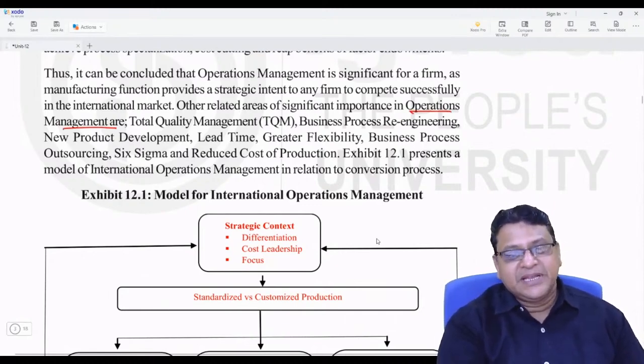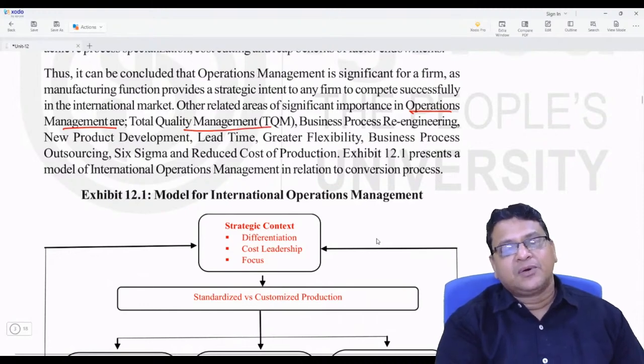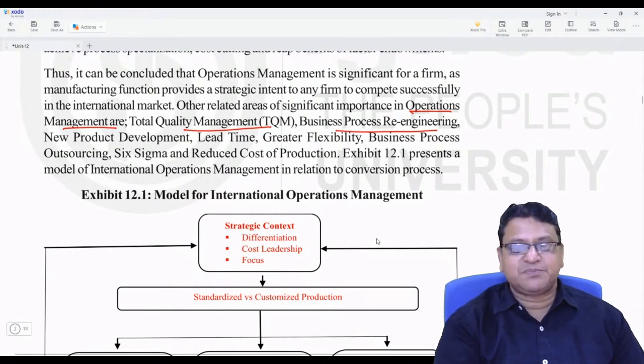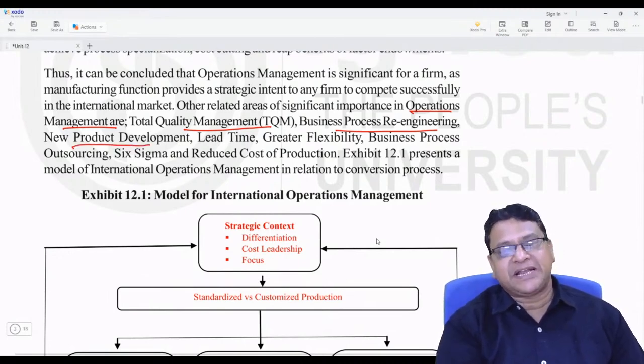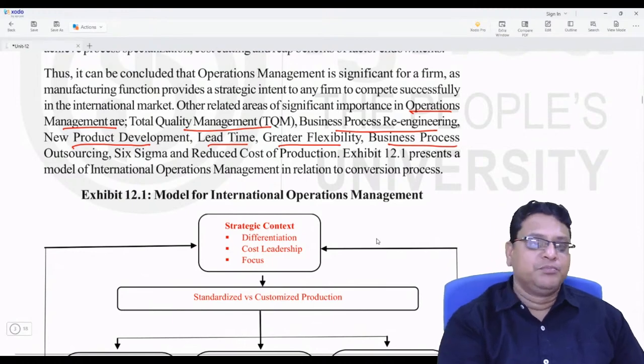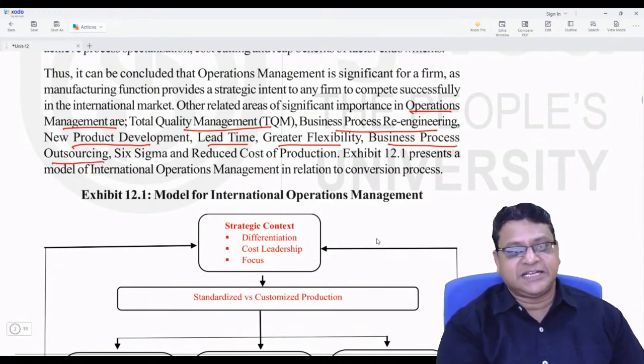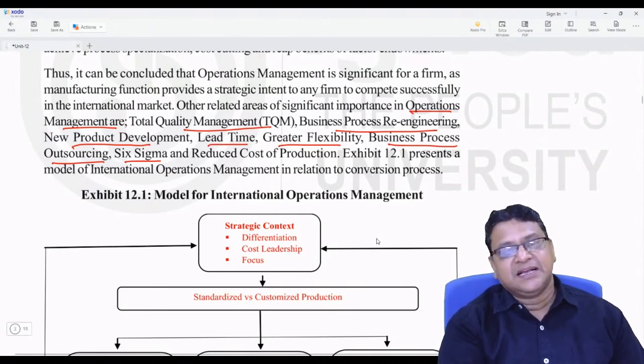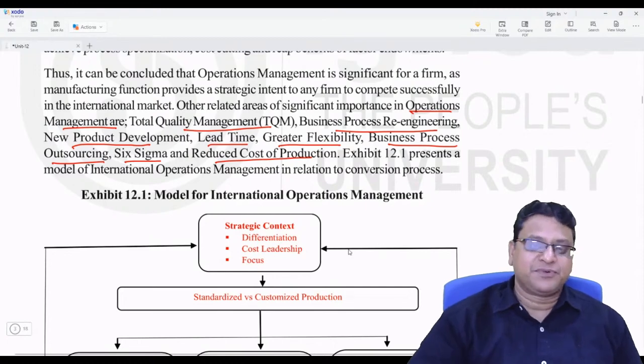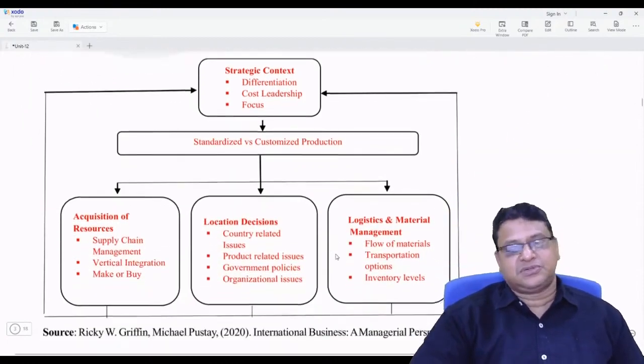The techniques can be TQM, total quality management; BPR, business process re-engineering; NPD, new product development; lead time management techniques; greater flexibility techniques; BPO, business process outsourcing; Six Sigma, a quality related technique; and reduction of cost of production. Many techniques you can adopt while producing the products.